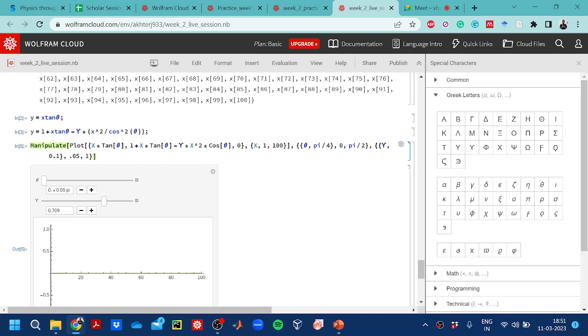This fine. Starting from 0.1. If we specify the value of theta here, therefore this is pi by 4.